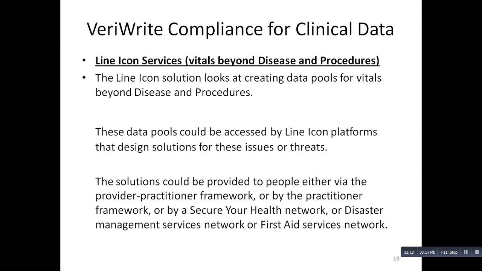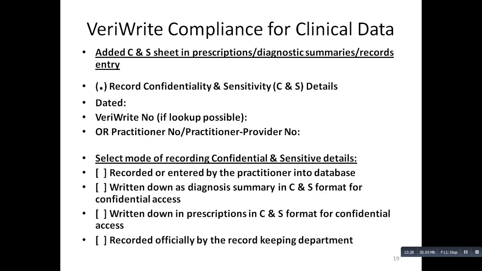If we have to enable permission for such data, we would like to use the @ sign. Having the person enter the @ sign and pairing up the necessary keys would enable access to that kind of data. We're talking about exclusively confidential data, normatively confidential data, and also what's not confidential, because we believe the transition from where we are to the VeriWrite compliance step may mean much more than what we speak of today.